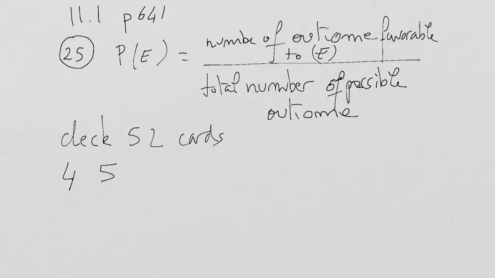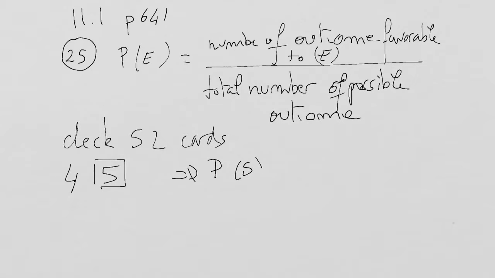Because there are four 5s, the probability to have a 5 is equal to 4 divided by 52. 4 is the number of outcomes favorable to have a 5, and 52 is the total number of possible outcomes, because I can pick up one of the 52 cards. At the end of the day, the probability to have a 5 is 1 over 13.